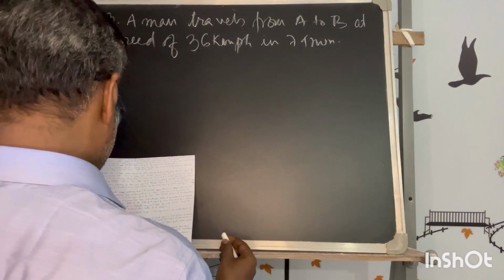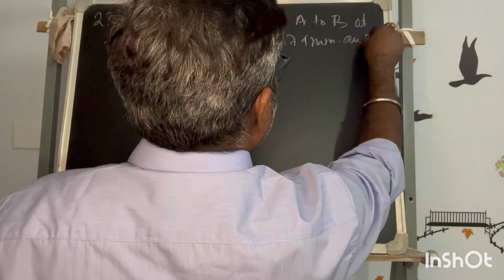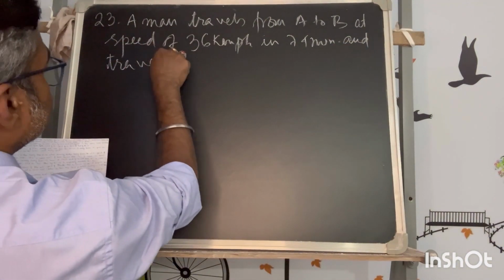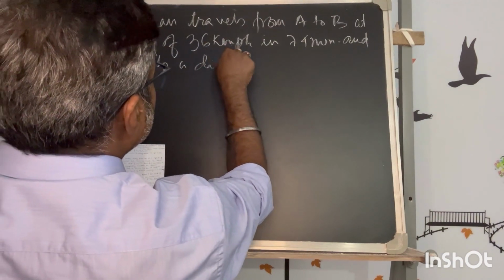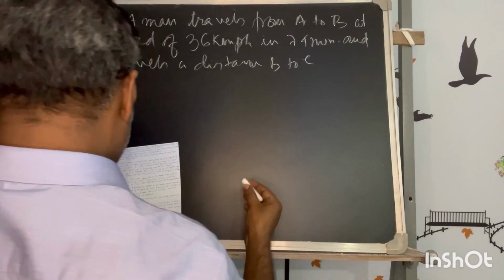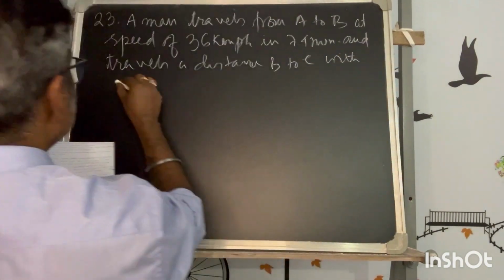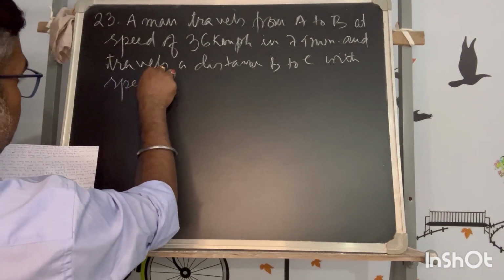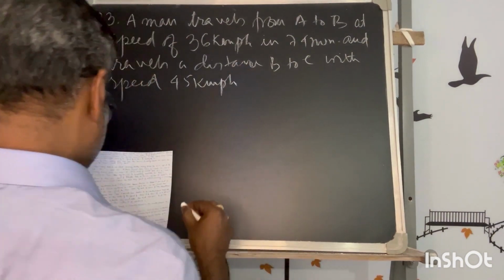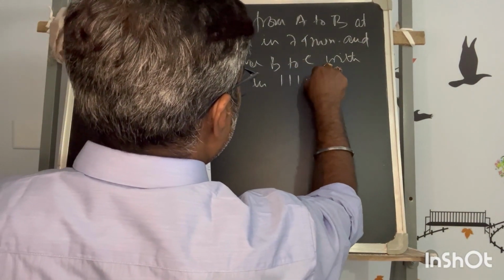And he travels a distance from B to C with speed 45 kmph in 111 minutes.